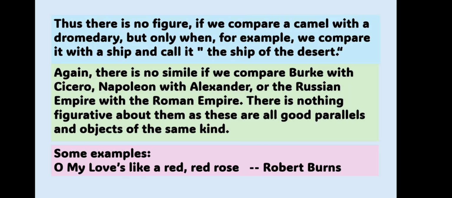Thus, there is no figure if we compare a camel with a dromedary, because a dromedary is a type of camel that lives in the desert. But there is a figure when we compare it with a ship and call it the ship of the desert.